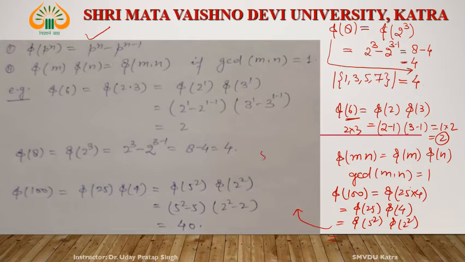What is n? n is 2. 5 to the power 2 minus 5 to the power n minus 1, that is 2 minus 1, into 5 of 2 square, that is 2 to the power 2 minus 2 to the power 2 minus 1. That is 5 square, 25 minus 5, multiplied by 2 square, 4 minus 2. That is 20 into 2, what is that? 40. It means 40 numbers which are greater than 1 and less than 100 are relatively co-prime with 100.